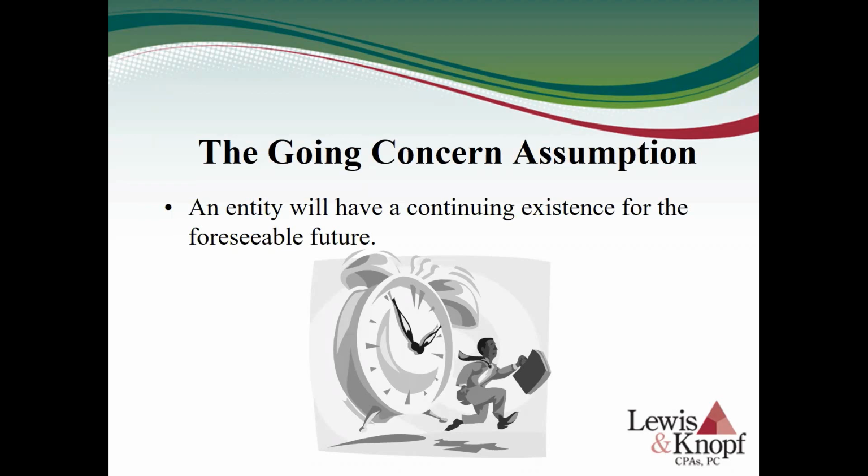So when they tell you that, it means that, okay, this company is going to be in existence for the foreseeable future. It is not going to liquidate now or then, unless otherwise stated. But with this concept, it tells us that the company or the entity will continue to exist for the foreseeable future. That is the going concern assumption or the going concern concept.